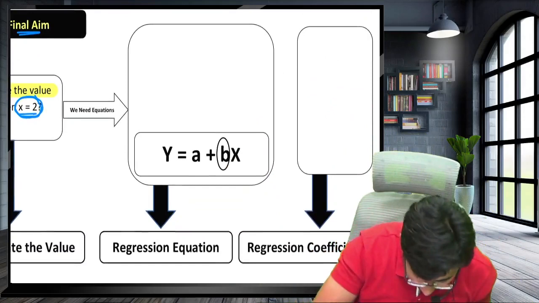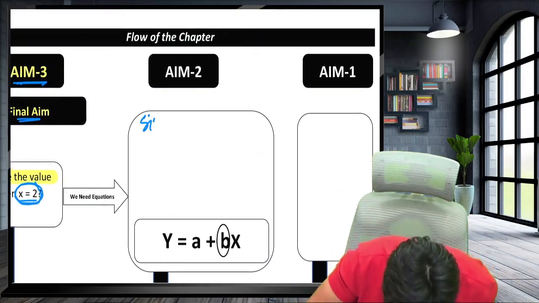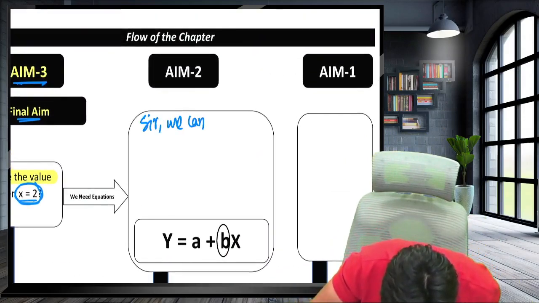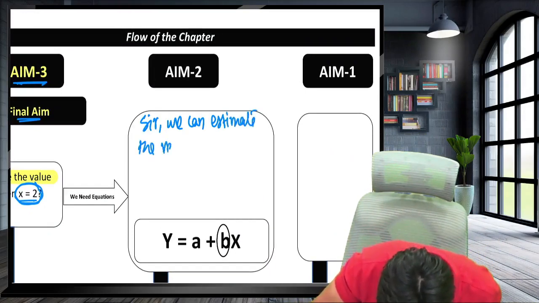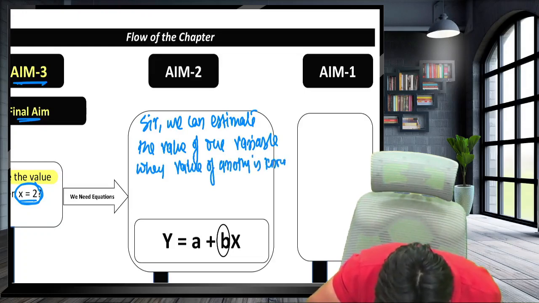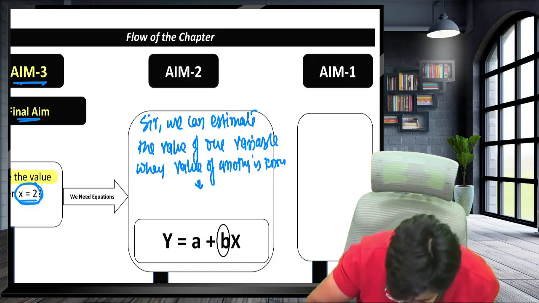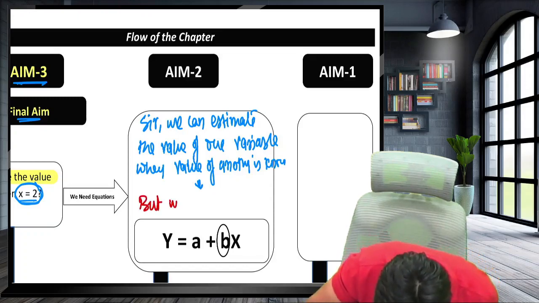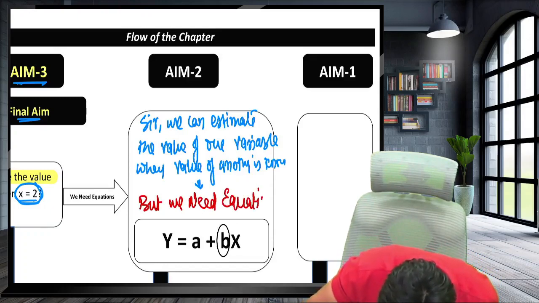Can I say we can estimate the value of one variable when the value of another is known? But we need one equation.